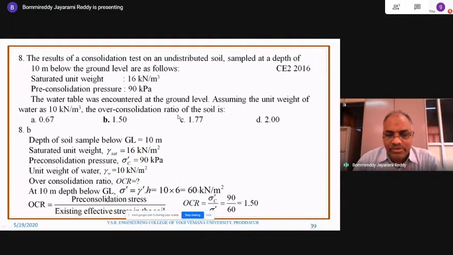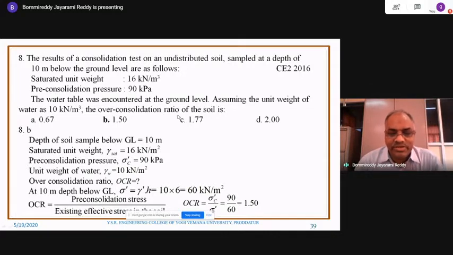So you know already OCR is nothing but stress in the history divided by the existing stress. So what is the stress in the history? Pre-consolidation pressure means pressure already acted on the soil, 90 kPa. So OCR equal to the pressure in the stress history, 90, divided by present or existing stress.